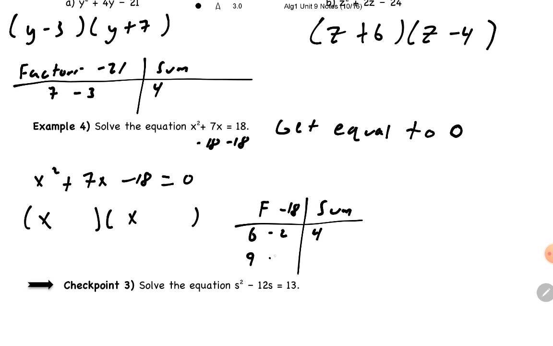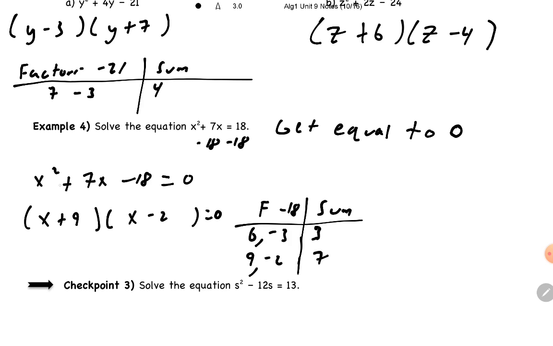Let's try 6 and 3, sorry. 6 and -3 multiply to -18, and they add up to +3. 9 and -2, though, multiply to -18, and they add up to +7. So my factors are going to be x plus 9 and x minus 2, and we set that equal to 0.